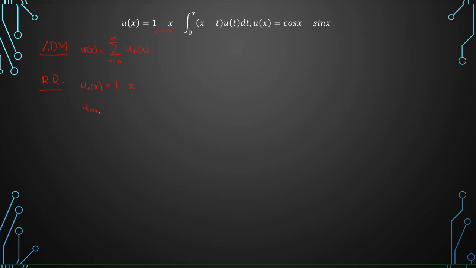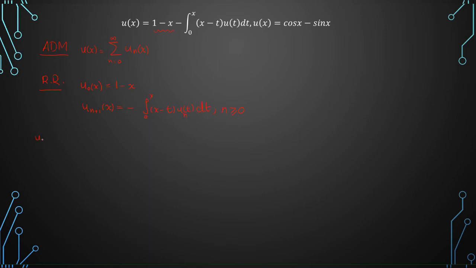u_{n+1} of x is equal to minus the integration from 0 to x of (x minus t) un of t dt, where n is greater than or equal to 0.